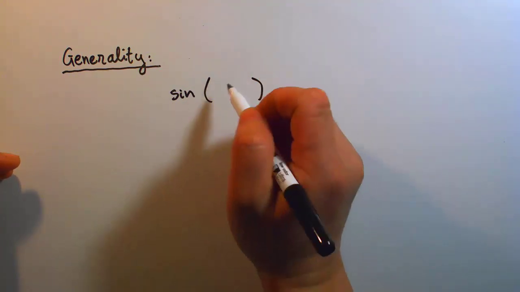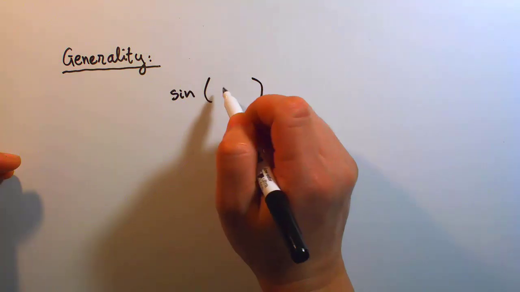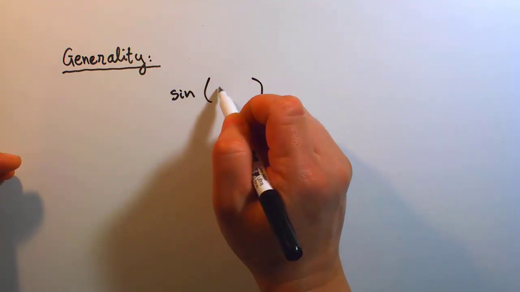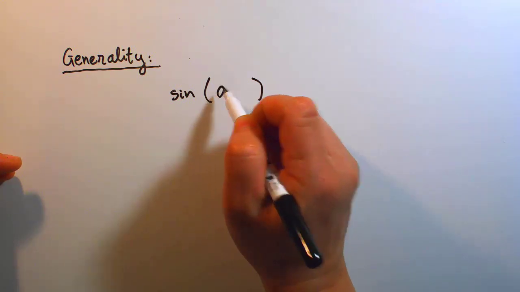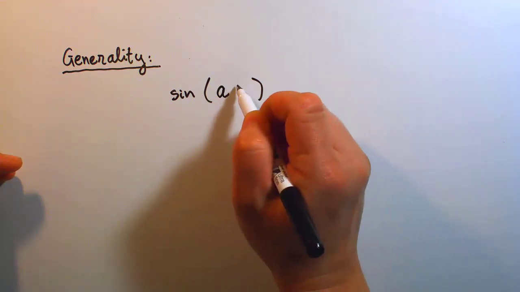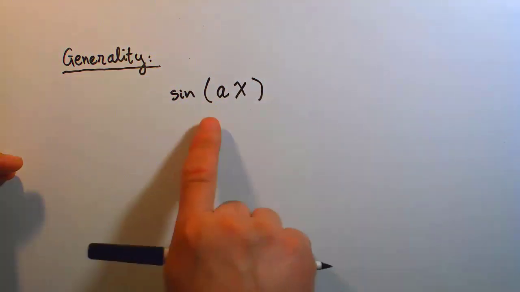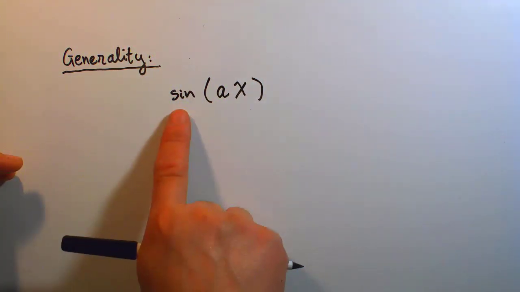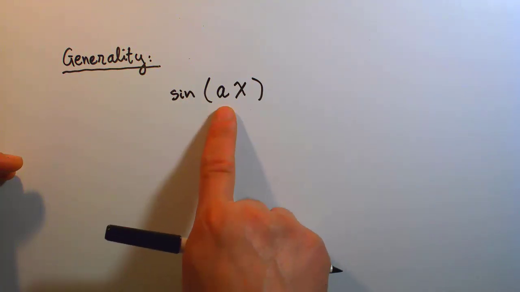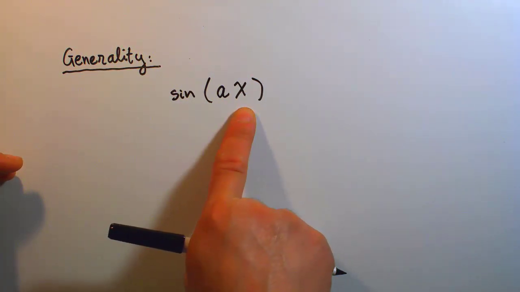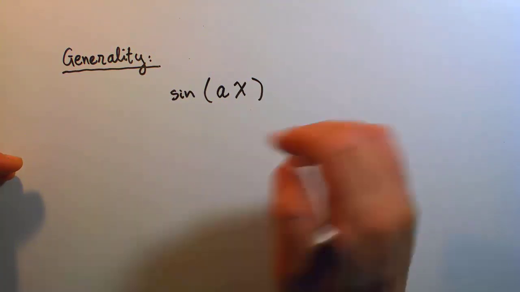What we have here is, let's say, some trig function of ax. So x is our main variable, and the form is that we have the trig function, and inside of it is a coefficient a with the variable x, and that equals a constant k.